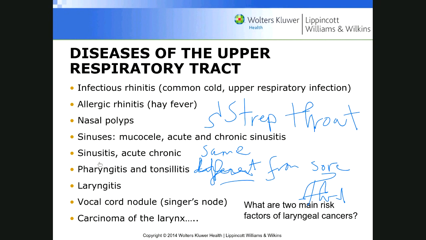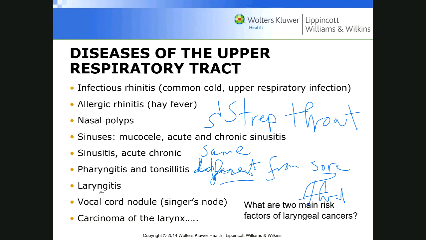Laryngitis. The larynx is where you have the true vocal cords, under the vestibular fold. Depending on the arytenoid and cricoid muscle contraction, the vocal cords can either abduct, so you get a very bass sound, or adduct, and you get very high note sounds.